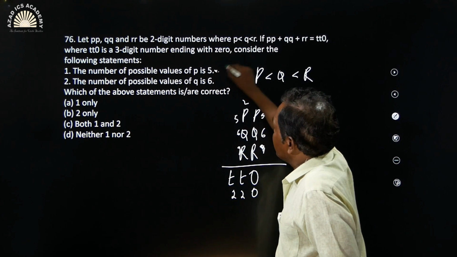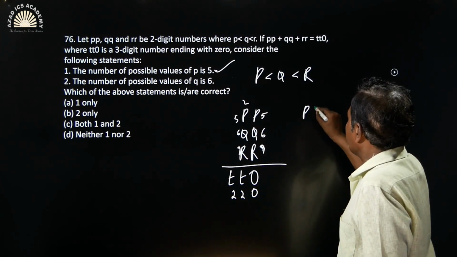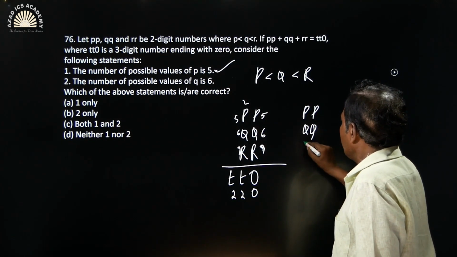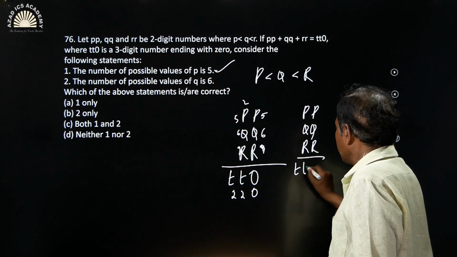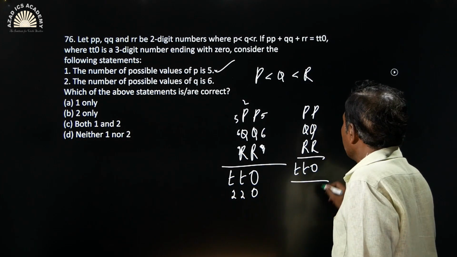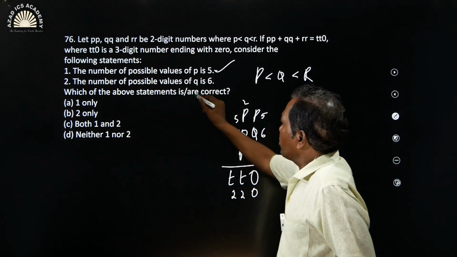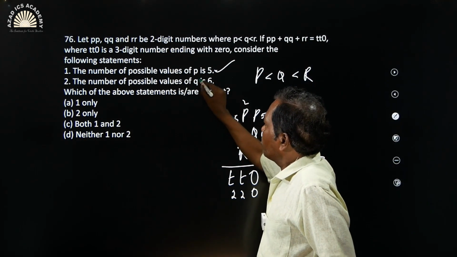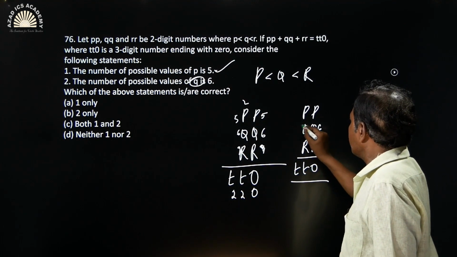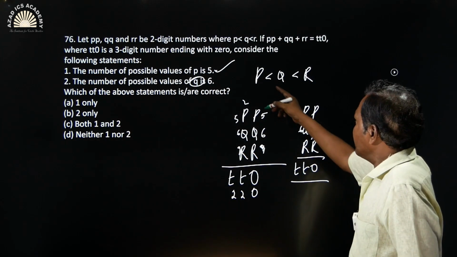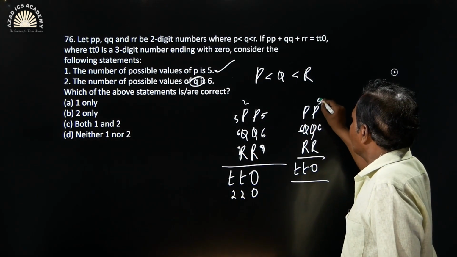If you see like that, another pattern. Statement 1, yes, right. Statement 2, let us take PP, QQ, RR. This is T, O. Now let us say the Q is 6. Values of Q is 6. Statements of P less than Q. Let us take 5 only.